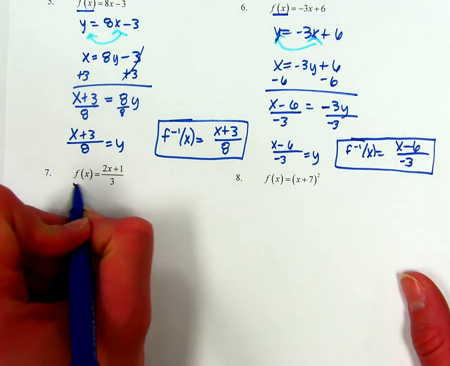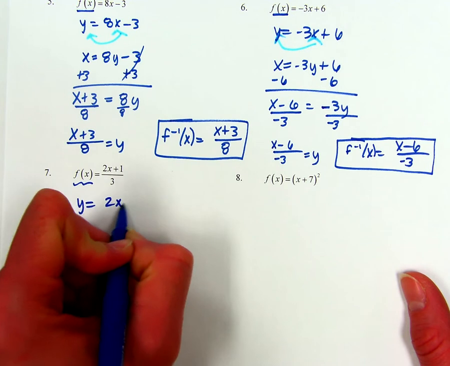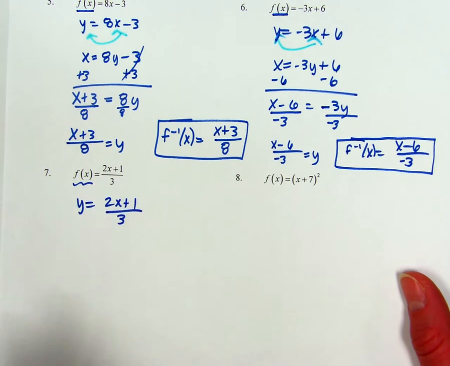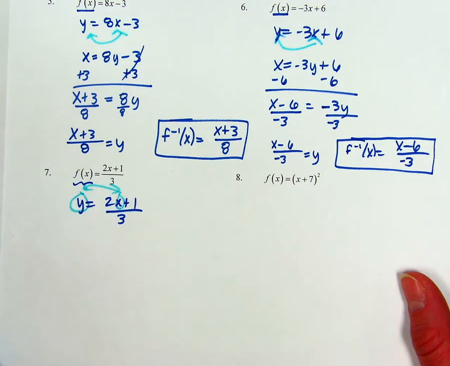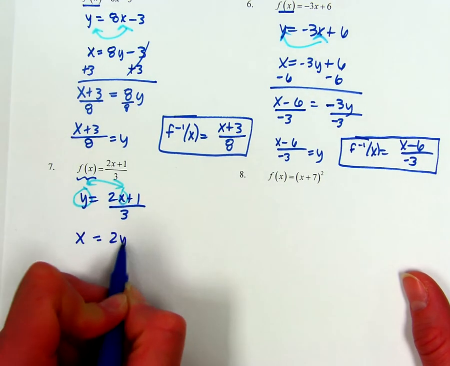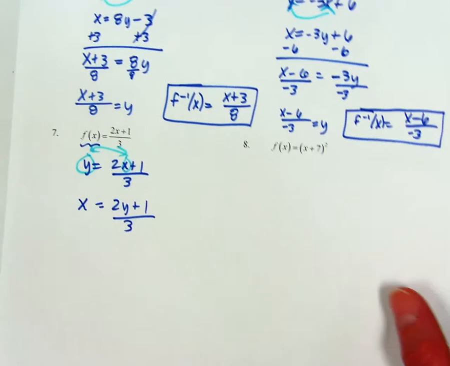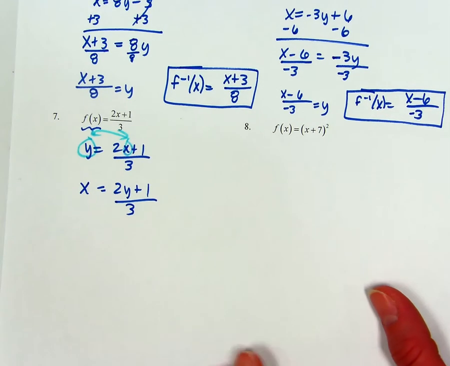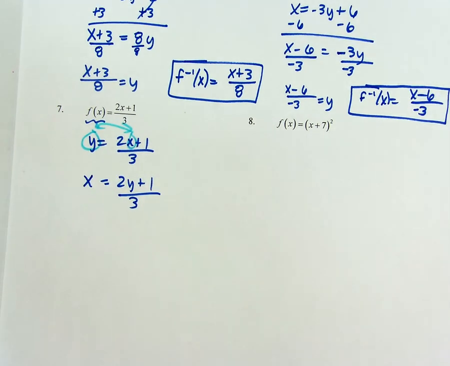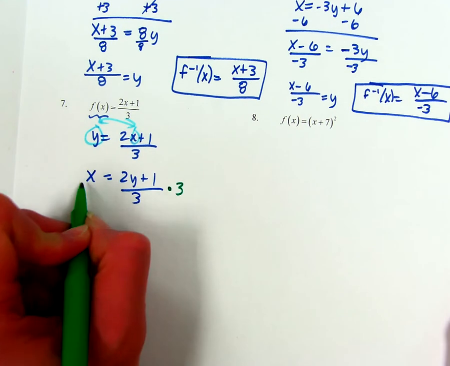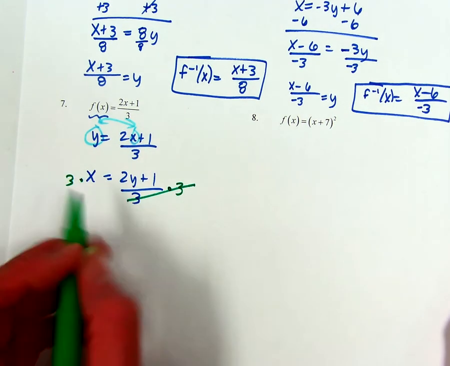All right, this one we got that equals y, so 2x plus 1 over 3. Take my x and y and switch them. We have x equals 2y plus 1 over 3. So this time we have a 1, a 2, and a 3 to get rid of. So we're going to get rid of division first. You're going to multiply by 3 on both sides. That gets rid of our division.